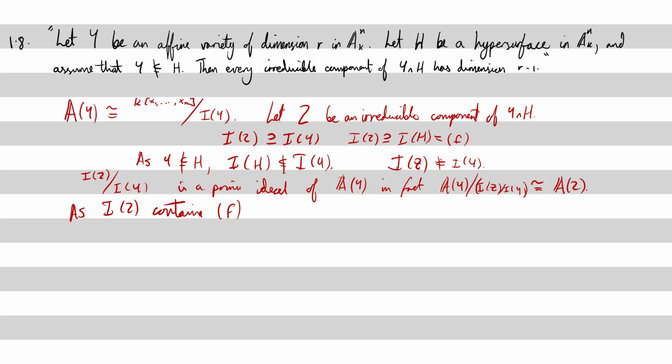Therefore, I of H equals (f), just by definition, for some f in k[x1, ..., xn]. Now, as I of Z contains f, I of Z over I of Y contains the principal ideal generated by the image of f.